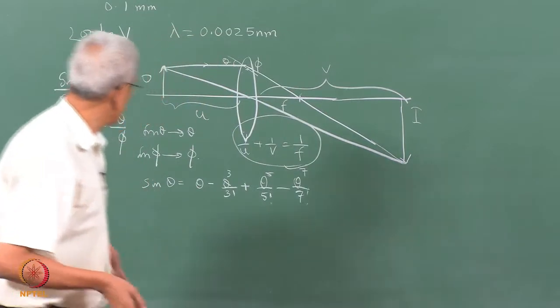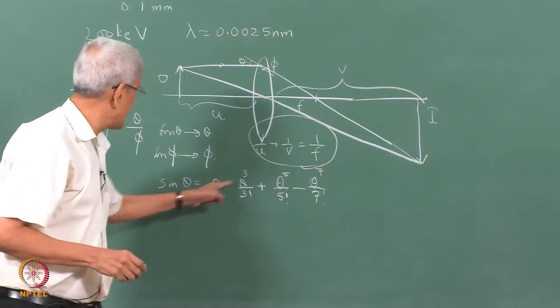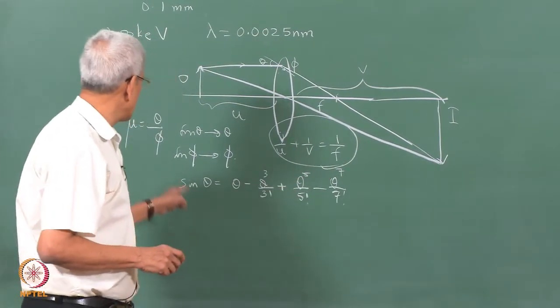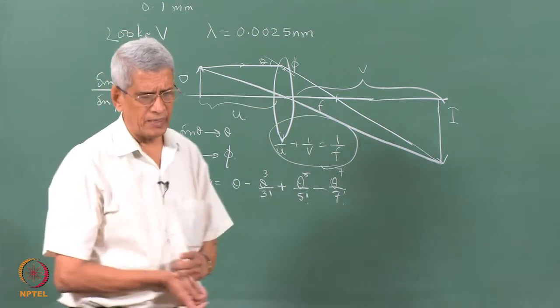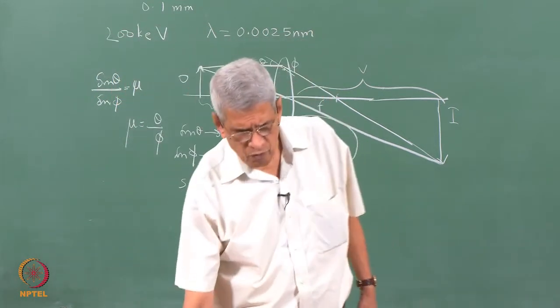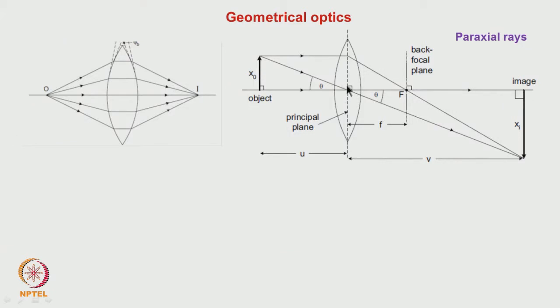So, only when the value of theta is very small can higher order terms be neglected and sin theta be approximated. That means that only for rays which are very close to the optic axis is this rule valid, and this Gaussian formula is valid.